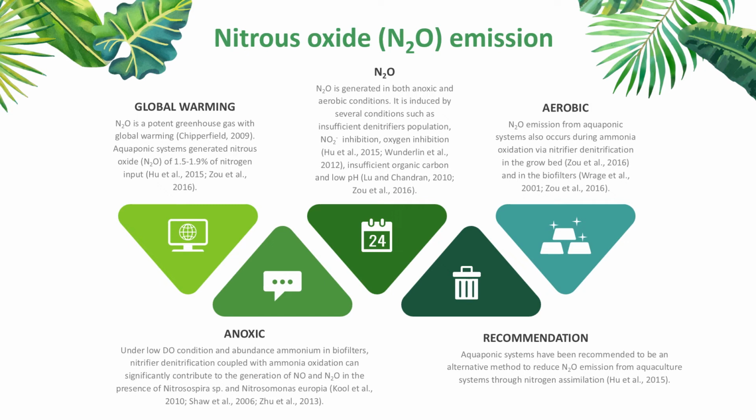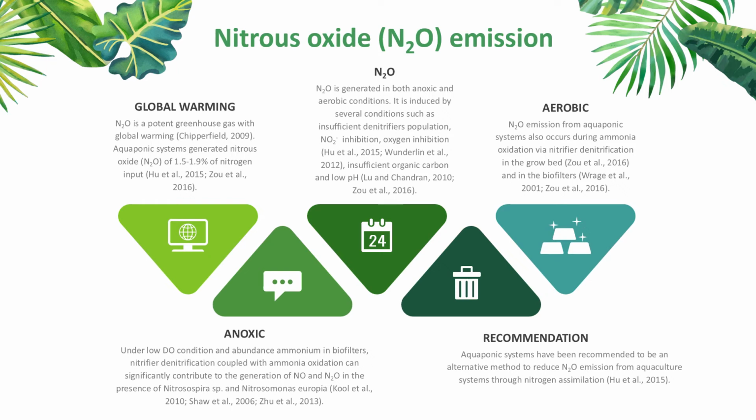For anoxic condition, under low dissolved oxygen condition and abundance of ammonium in biofilters, nitrifier denitrification coupled with ammonia oxidation can significantly contribute to the generation of NO and N2O in the presence of Nitrospira and Nitrosomonas europaea.